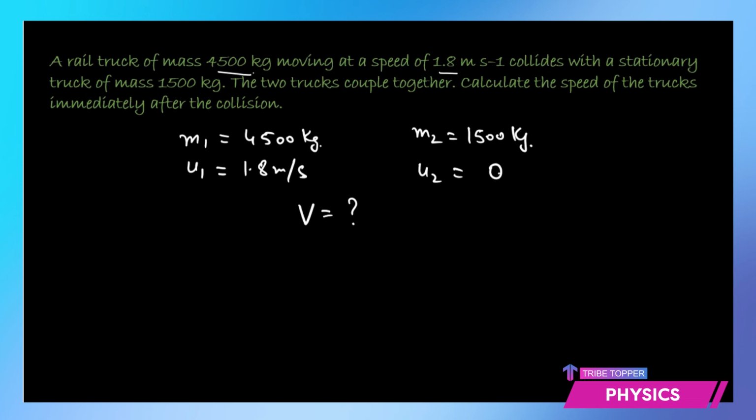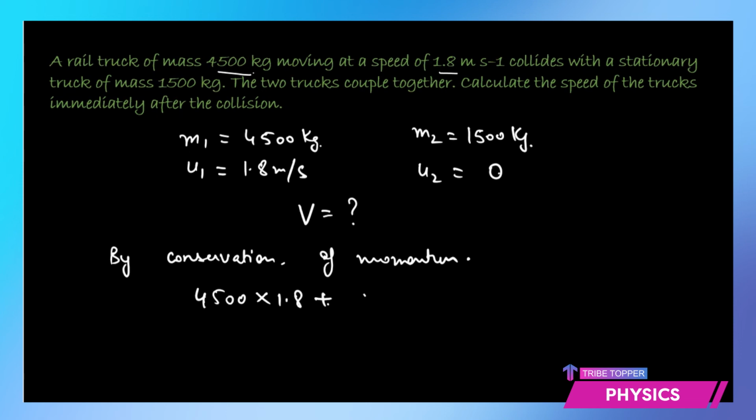So just apply, by conservation of momentum. What do we get? By conservation of momentum, we get m1u1, which is 4500 times 1.8, plus m2u2, which is 1500 times 0, is equal to m1 plus m2 times the combined velocity v.